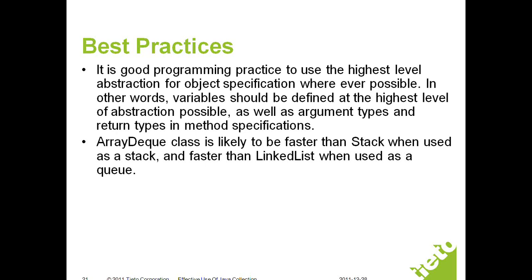So the references should be of a type List, Map, or Set, whereas the instances of that specific implementation you will create. So each time give the appropriate abstraction, so that it gives you the highest level of abstraction as well as the free hand to change your implementation anytime.